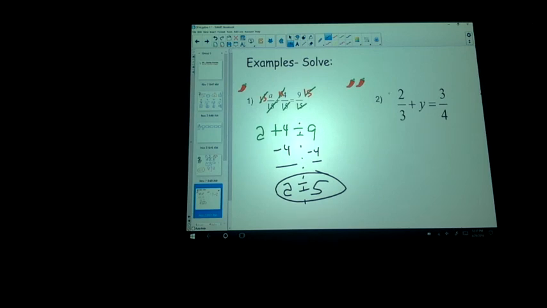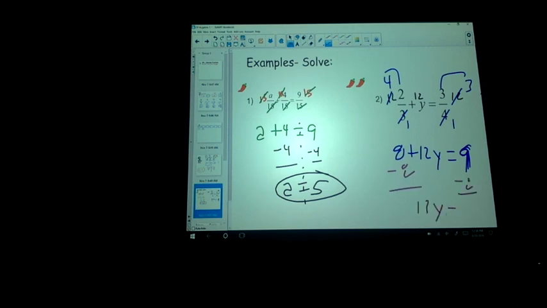So if I multiply this by 12, this by 12, and this by 12, watch what's going to happen. 3 goes into 12 how many times? 4. 4 times 2 is 8. I don't reduce here, so that just becomes 12y. How many times does 4 go into 12? 3. 3 times 3 is 9. Look what I don't have anymore. Fractions, right? Subtract 8. So I get 12y is equal to 1. So what's y equal to?